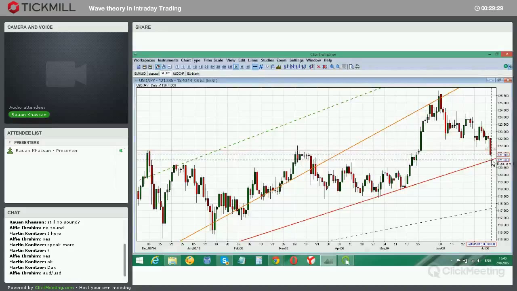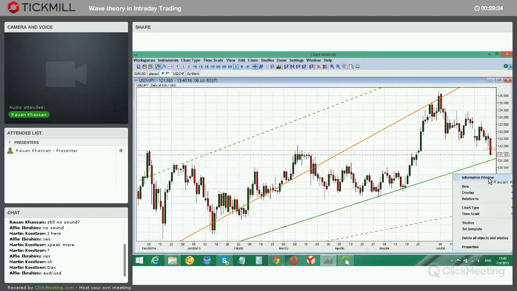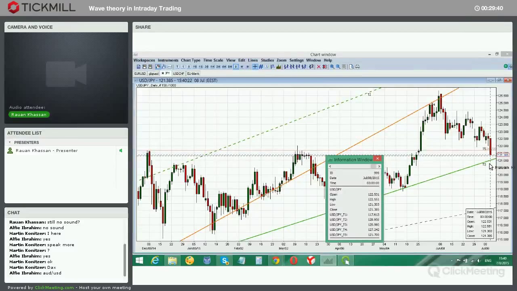As you may see on the daily chart, the price is approaching its current level. Let me make it precise with the information window. So the correct number for today of this trend line is 120.98. For tomorrow it will be 121.03.